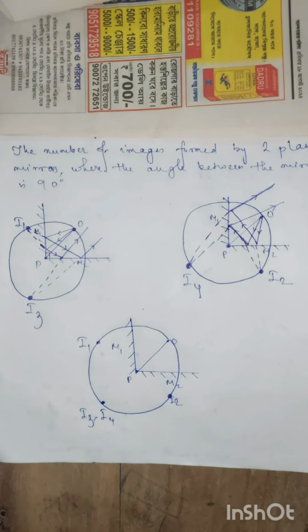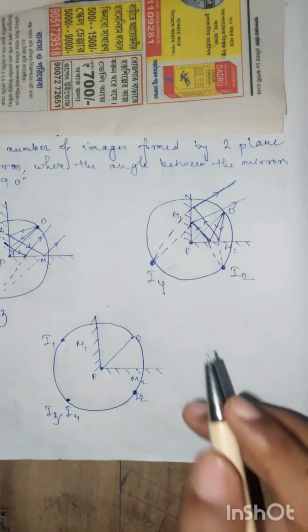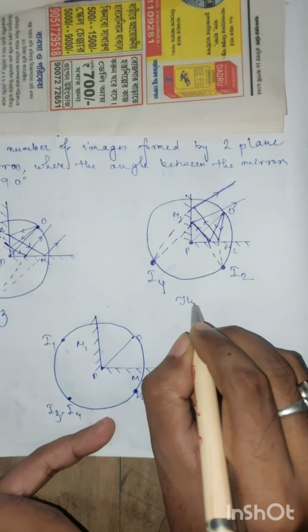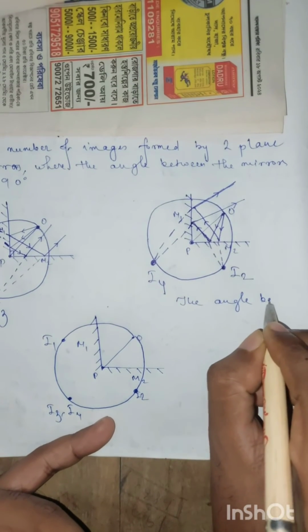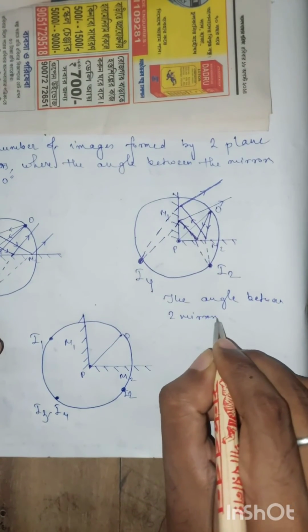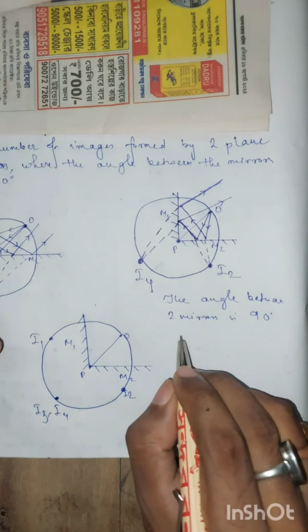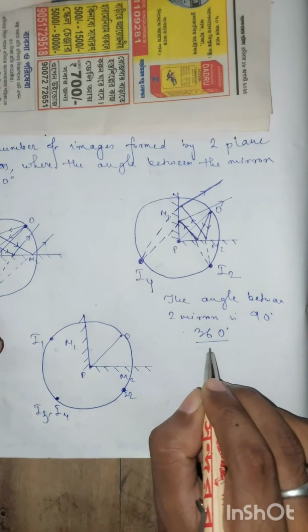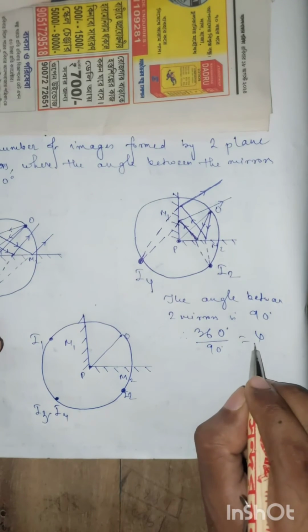Now if we see the mathematical aspect of it, in this case the angle between two mirrors is 90 degrees, therefore 360 degrees by 90 degrees is equal to 4, which is actually even.